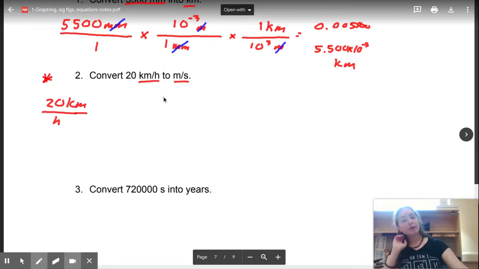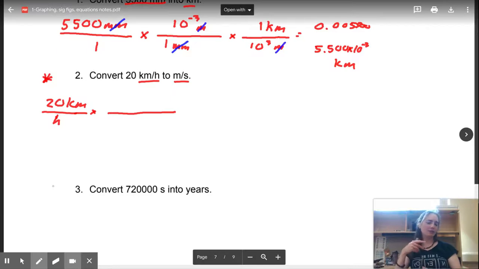So, ladies and gentlemen, when you have a dividing line here, that slash, that's a dividing line. You're going to take that H and put it on the bottom. Okay? We're now going to convert our units. Now, this is a tricky one because we have to watch out for both meters and hours here. It's time and distance.